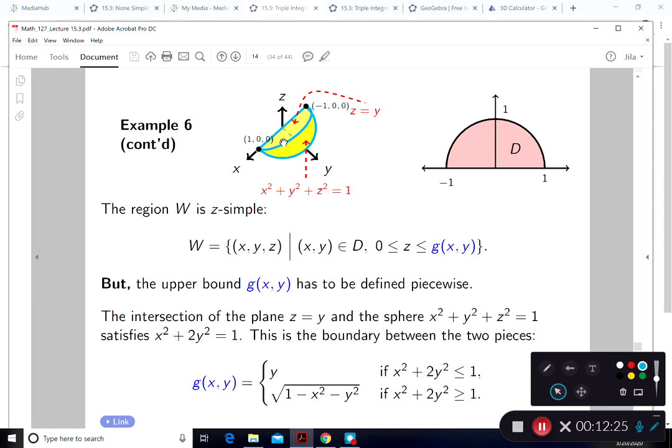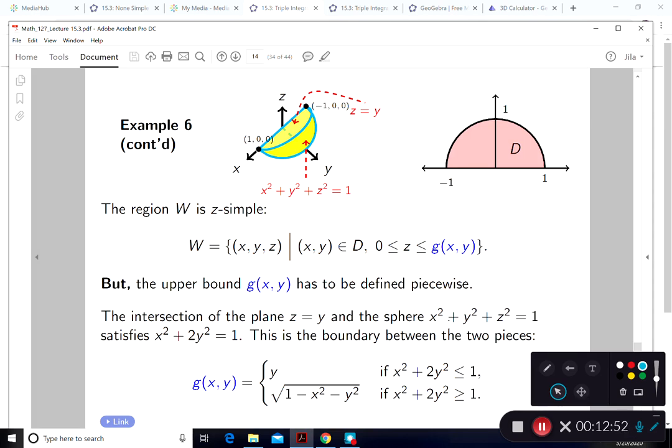One piece has the upper part as y. The other piece has the upper part as the sphere. One piece is the plane z equal to y, and the other piece is z equal to the square root of 1 minus x squared minus y squared, which is the upper half of the sphere.